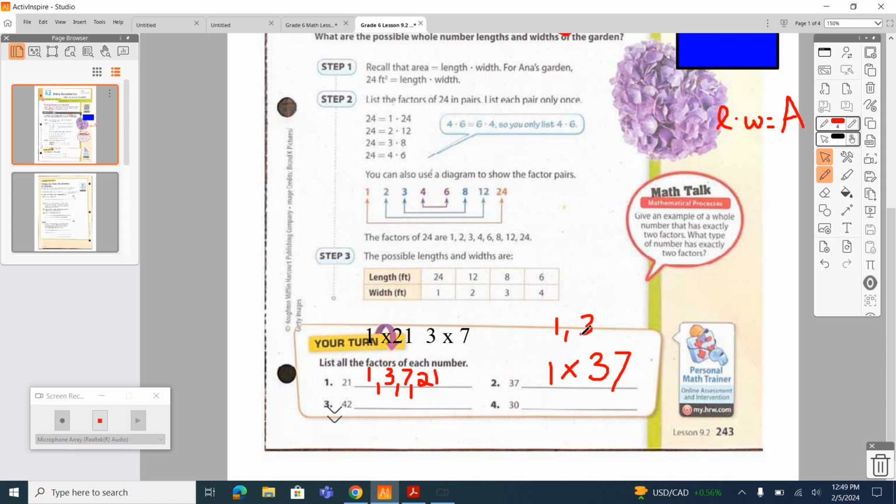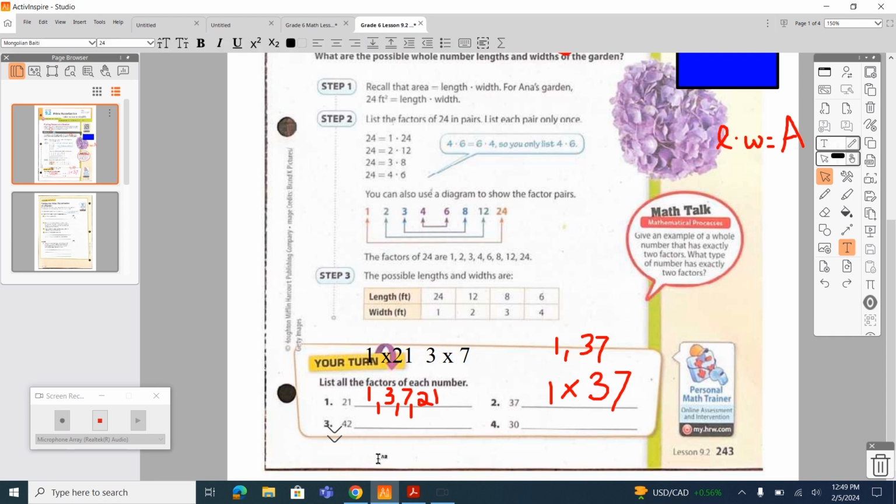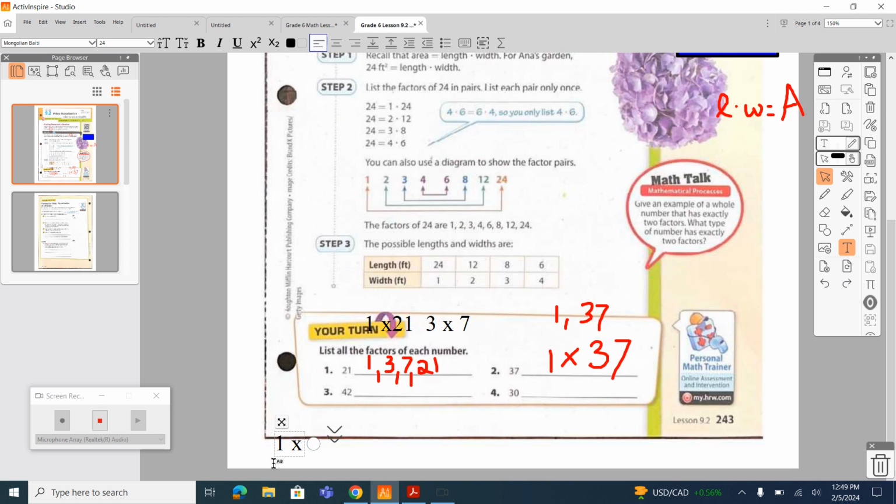So let's look at our options for 42. We could multiply 1 times 42. We could do 6 times 7. We could do 2 times 21.